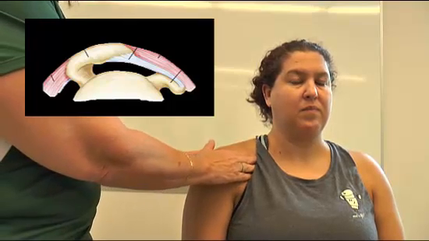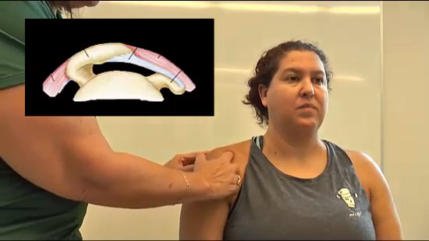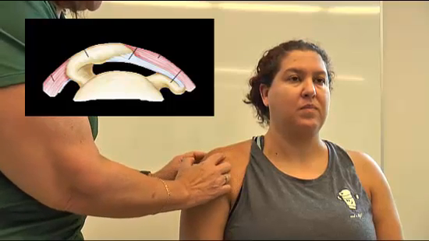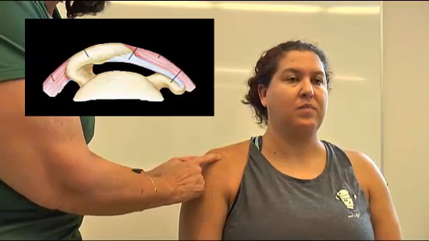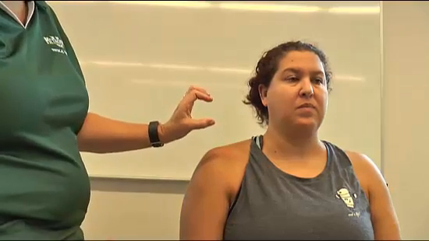And from the anterior aspect, it's the clavicle. So if I find the clavicle, I'm going to come down. There's my acromioclavicular joint. I have that little divot in there. And as I come around, there is my acromion. Now my acromion, in this case, on this patient, is about that wide. That's one of the things I'm always kind of reminded of, is really how wide that acromion is here.